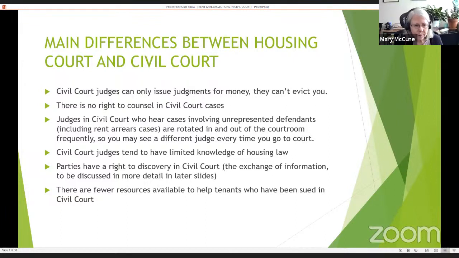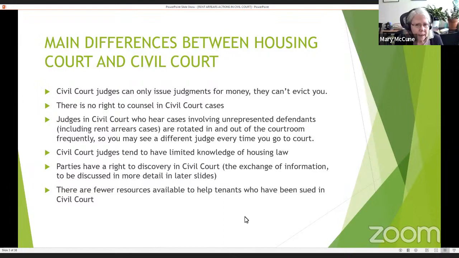So it's possible that you could see a different judge every time you go to court. In housing court, in contrast, the judges are generally assigned to a particular room, and that is changed on an annual basis potentially, but for that year, you're pretty sure you're going to see that judge. In civil court, you have no idea who you're going to see before you get to court that day.